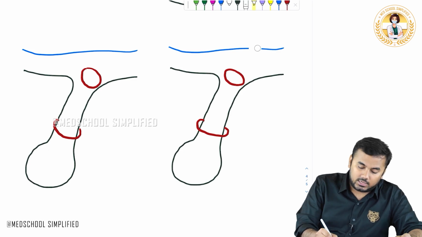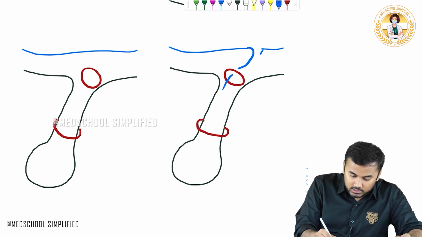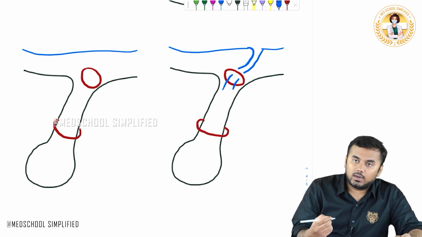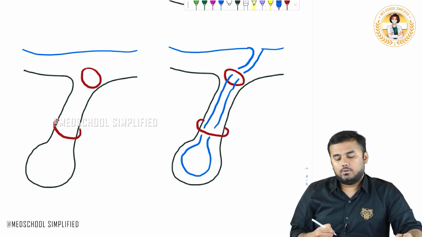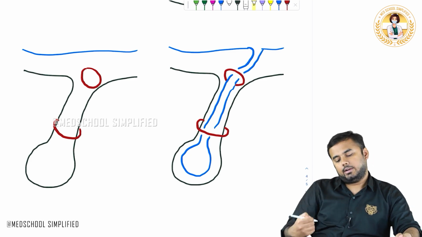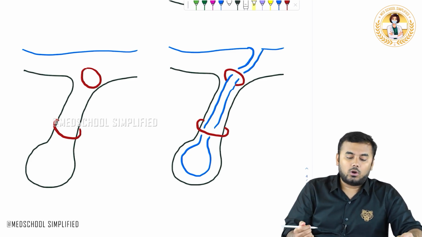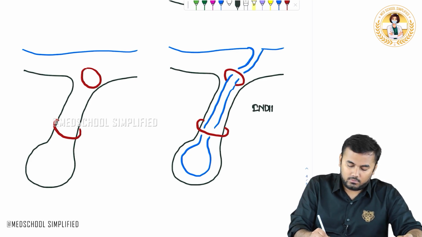For example, if the structures are going in this way, first the bowel loops enter into the deep inguinal ring, and then they enter into the superficial inguinal ring, right? So first they have crossed the deep inguinal ring and then they have entered into the superficial. So this is called indirect inguinal hernia.